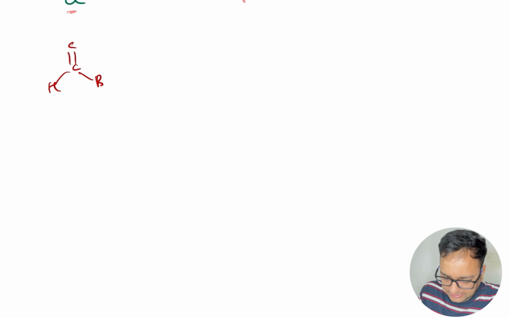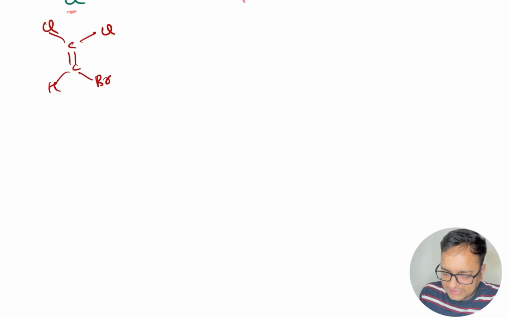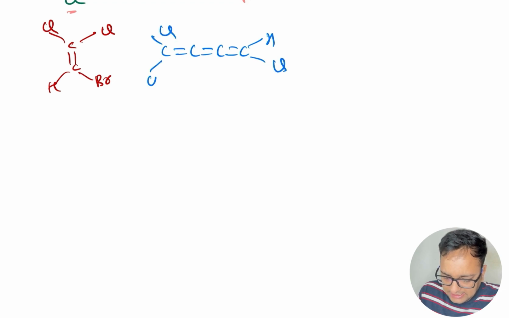If you take some more examples, like C double bond C with H, Br and Cl and CN. Whether it is cis or trans, no, it is not a geometrical isomer, because the basic condition must be satisfied that these two groups should be the same. That is known as geometrical isomer. Now if we talk about C double bond C with H and Cl and Cl and CH3, whether it is cis or trans, it is trans, because we convert the odd number of groups into an odd number of double bonds.